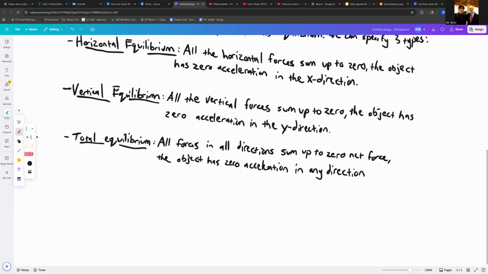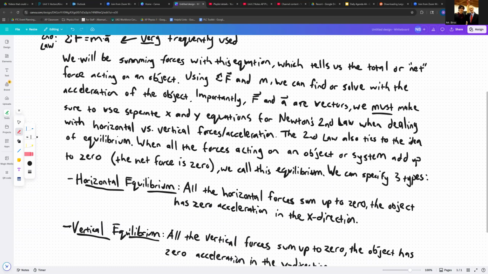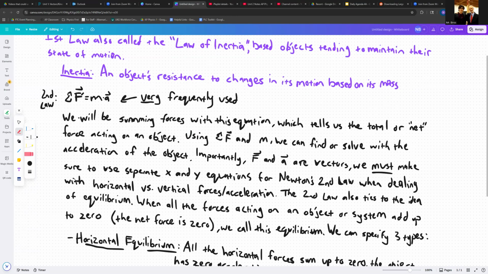So, second law: forces sum up to result in some acceleration. When you sum up all the forces, you add them all up in the equation. Positive forces go in with a plus sign. Negative forces going the other way go with a negative sign. So you'd have like 10 newtons minus 7 newtons plus 4 newtons.